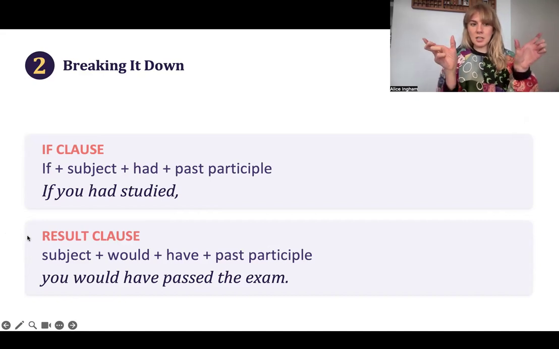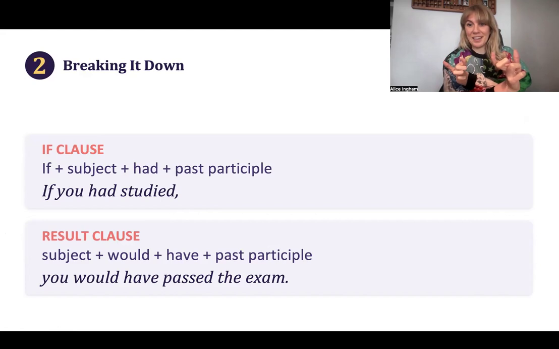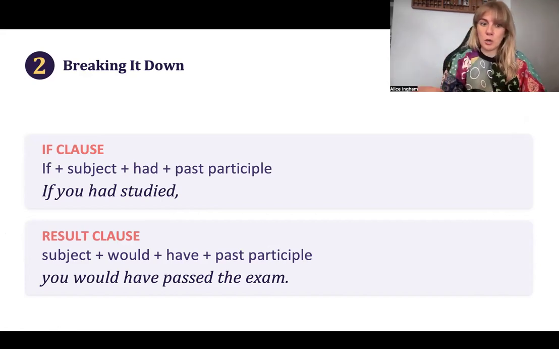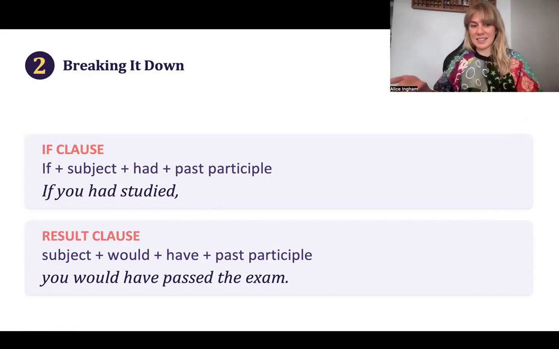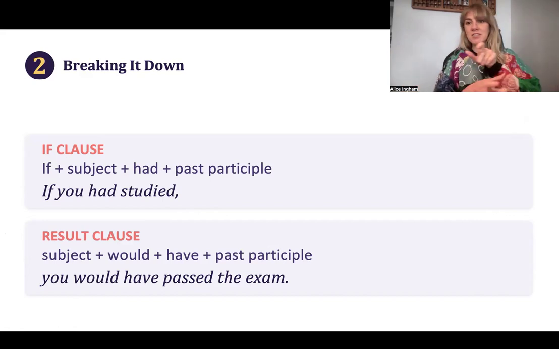It's worth mentioning that these two clauses can be changed in order. So you can start with, you would have passed the exam if you had studied. Or, as this one reads, if you had studied, you would have passed the exam. So the order doesn't matter.